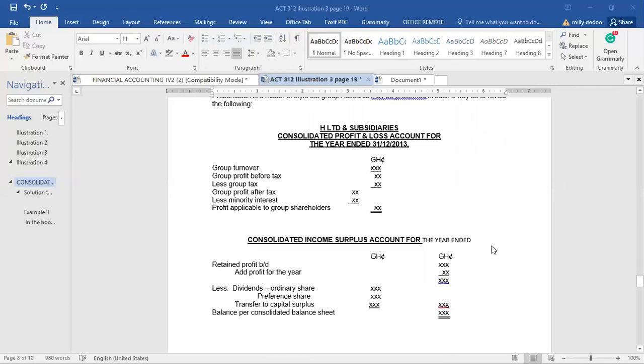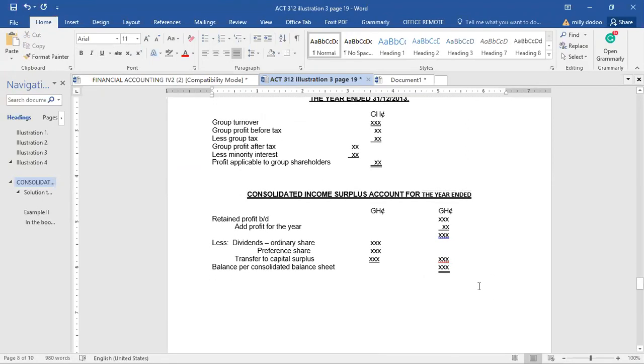Then when you are done with the consolidated profit and loss account, the next thing you do is to consolidate the income surplus account. So you prepare your consolidated income surplus for the two companies. So you have their retained profit brought forward. Then you add the profit for the year.